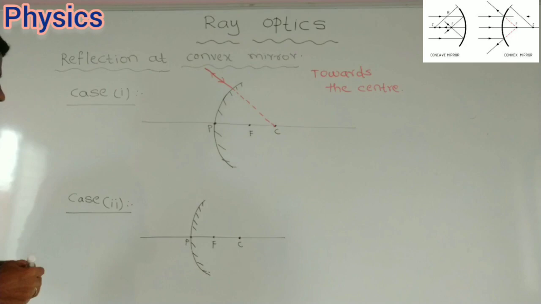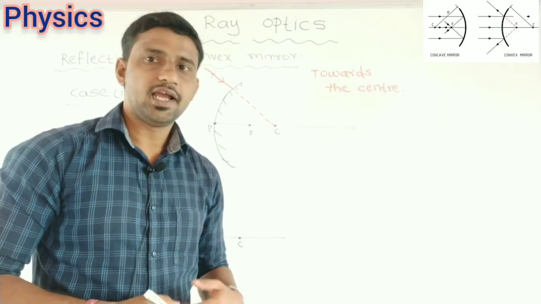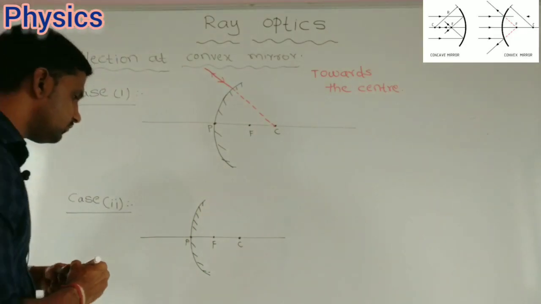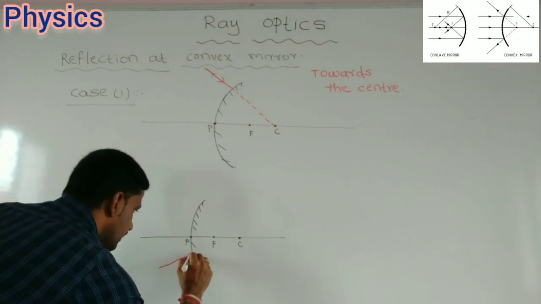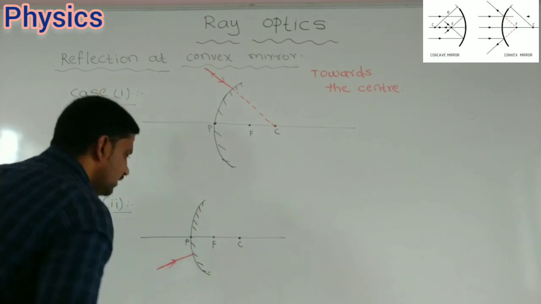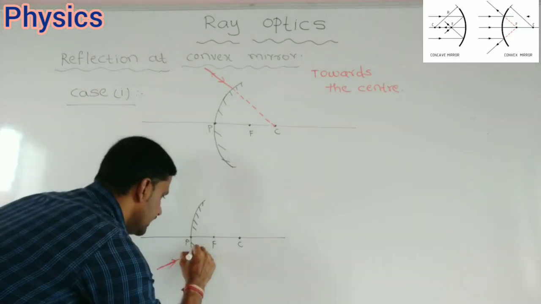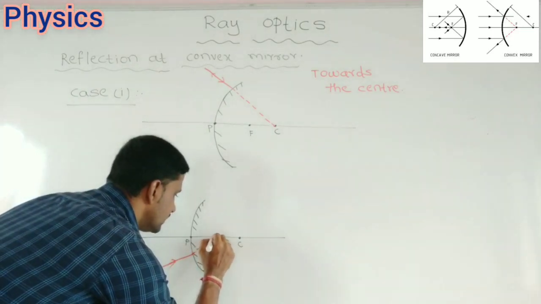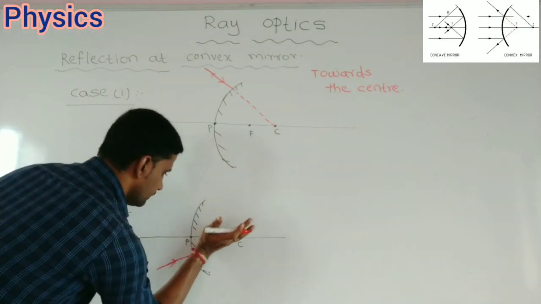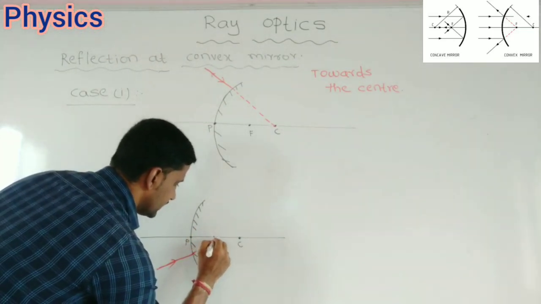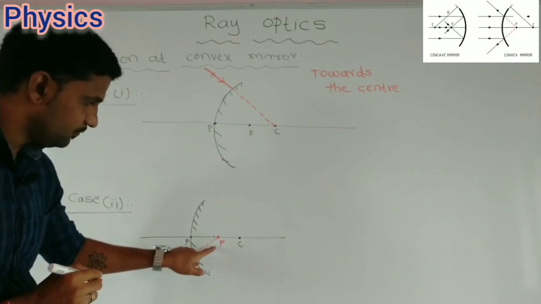And the second case is, suppose I incident a ray of light along the focus. Along the focus means, see here, I am incidenting a ray of light like this, and after hitting the reflecting surface, if I extend this line it joins the focus.